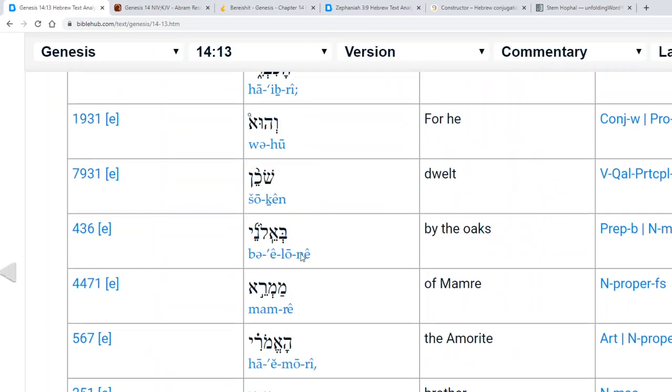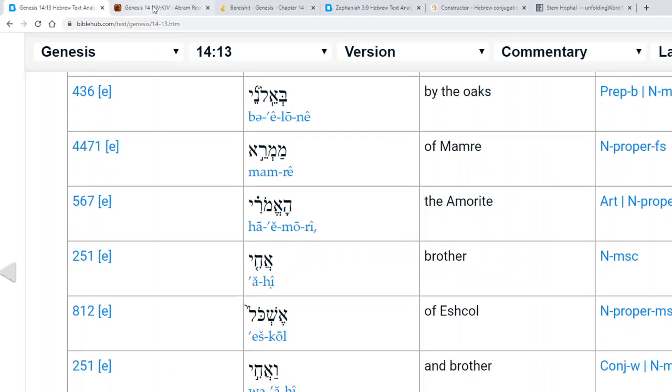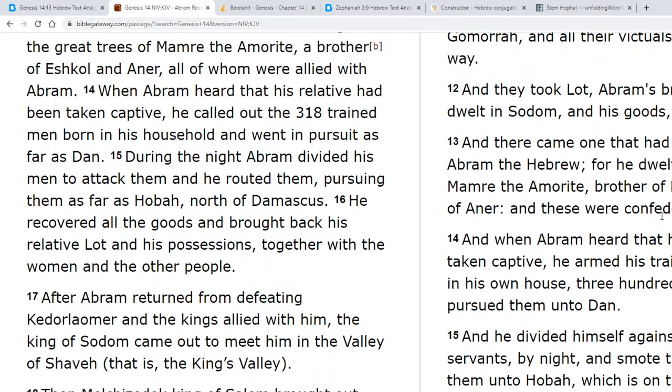I kind of want to split it into two sentences, though. Well, we'll see what they do. For he dwelt in the plain of Mamre the Amorite, brother of Eshkol and brother of Aner, and these were confederates with Avram. So if you're going to say it that way, then all three of them were, which is a little bit strange to me.